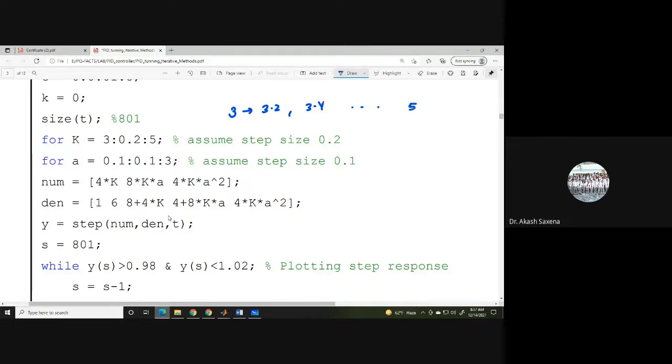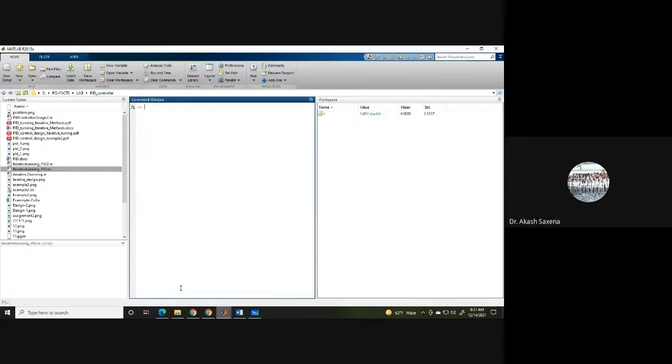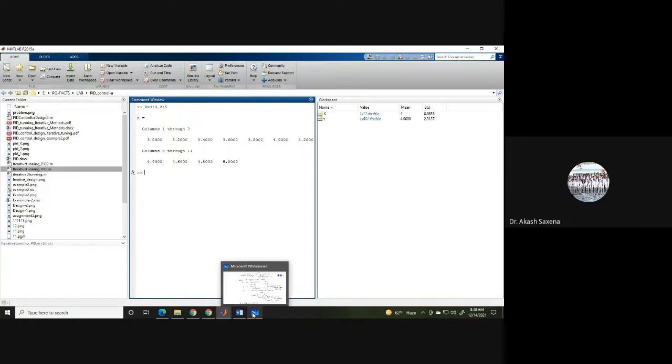If I check the size of this array, k is equal to 3, 0.2, colon 5, the size of k is equal to 11.